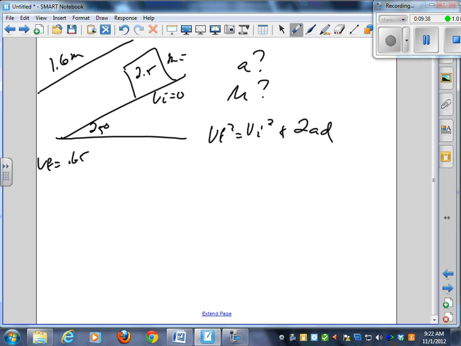So the final velocity is 0.65. The initial velocity is 0. 2a in my distance, I should have made 1, but I didn't. 1.6. Solving that gives you an acceleration of 0.13.